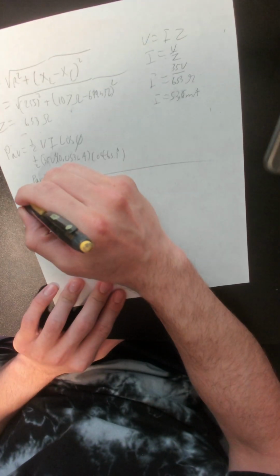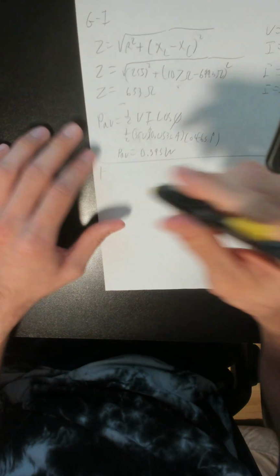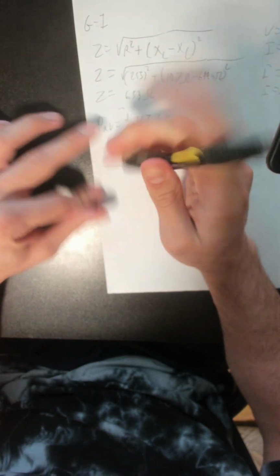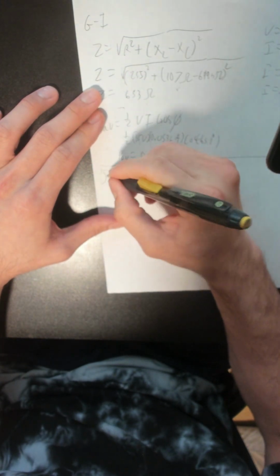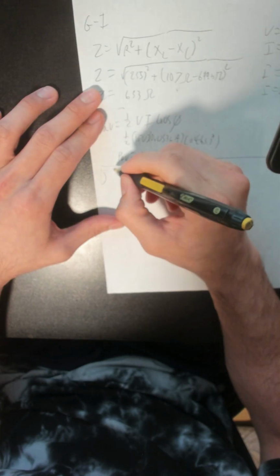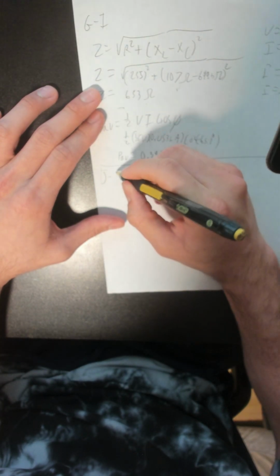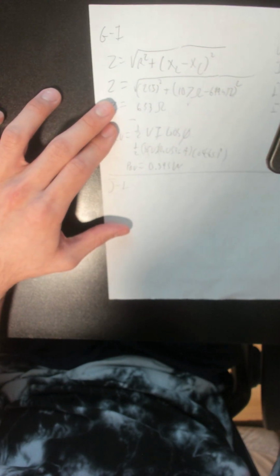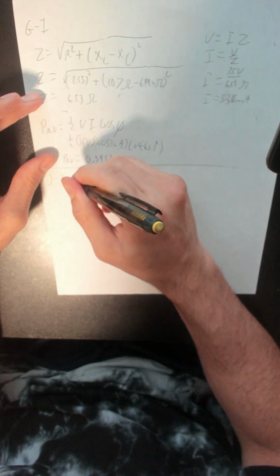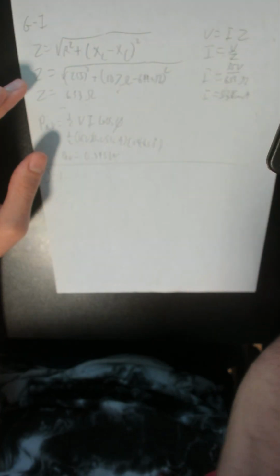So now we go to J through L. Let's just separate this real quick. The last three parts are unrelated to the others.